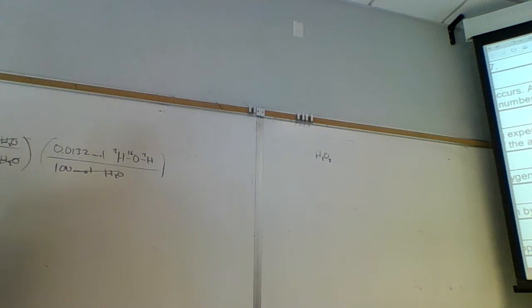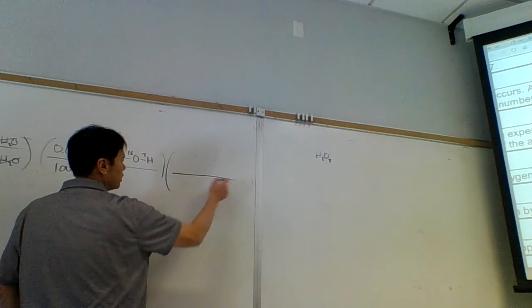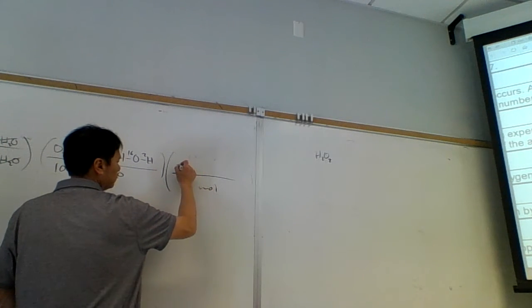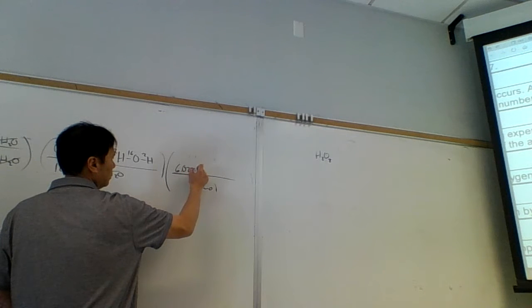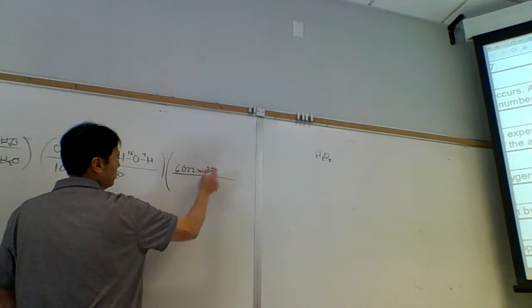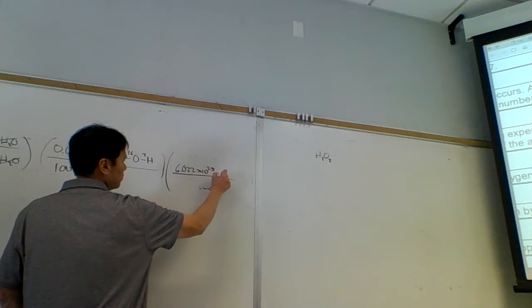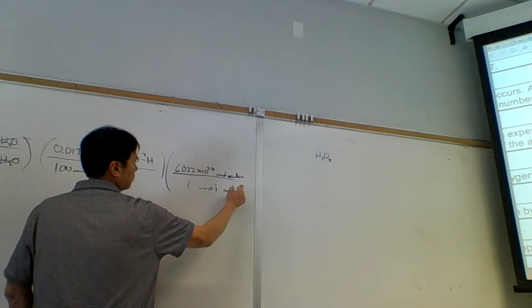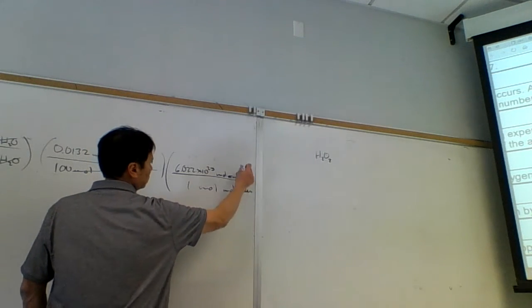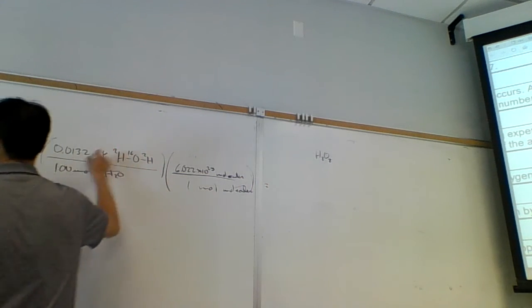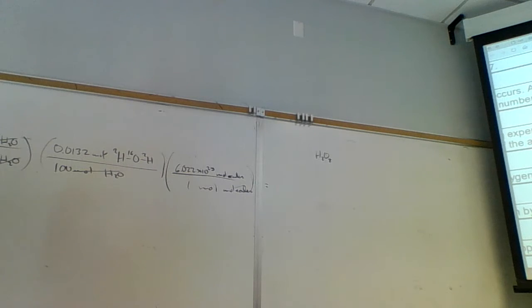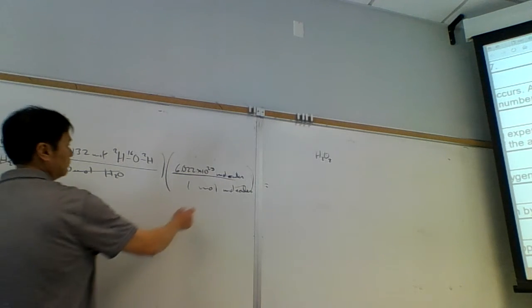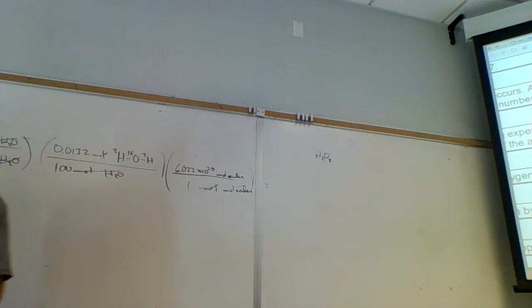And then I can get rid of moles. I can just go from moles to number of molecules. 6.022 times 10 to the 23rd molecules per mole. So let's go ahead and calculate this.